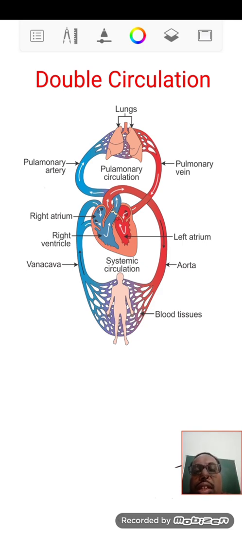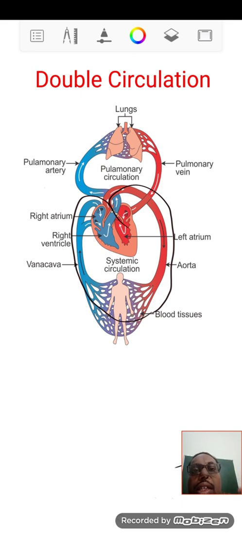Double circulation means the blood will enter two times inside the heart to finish one circulation. That means it comes out through this left side like this, and it will again enter. That means two times it enters the heart to finish one circulation. That particular process is known as double circulation.